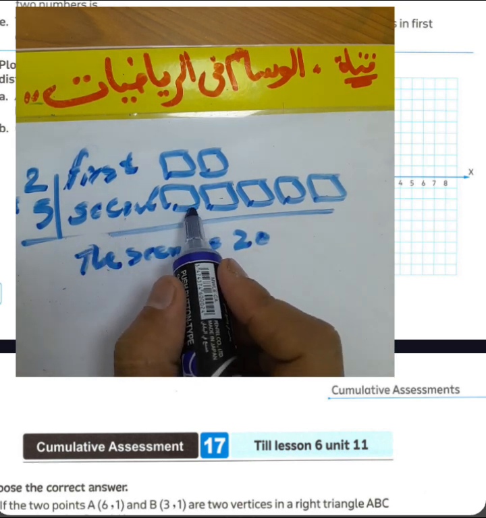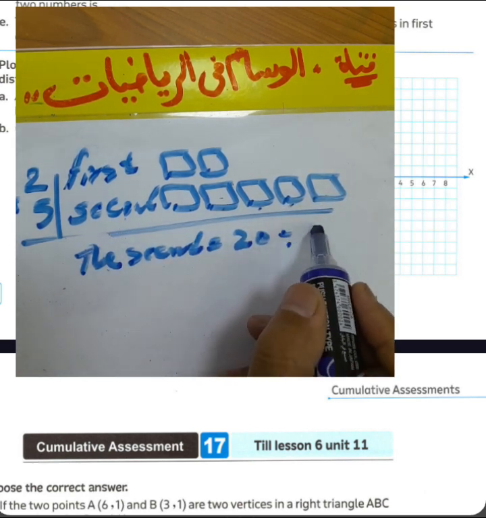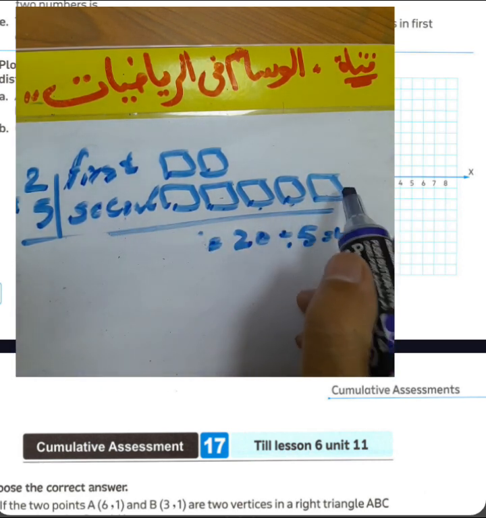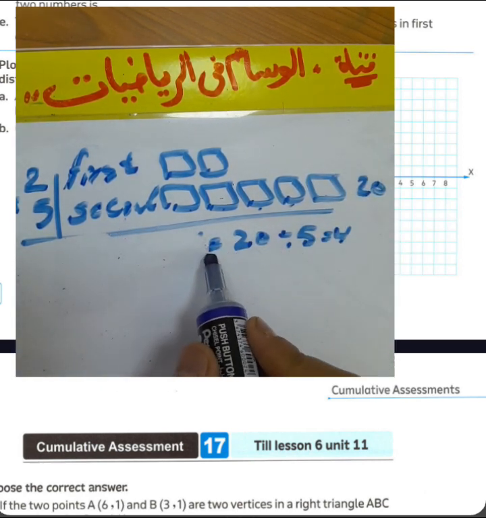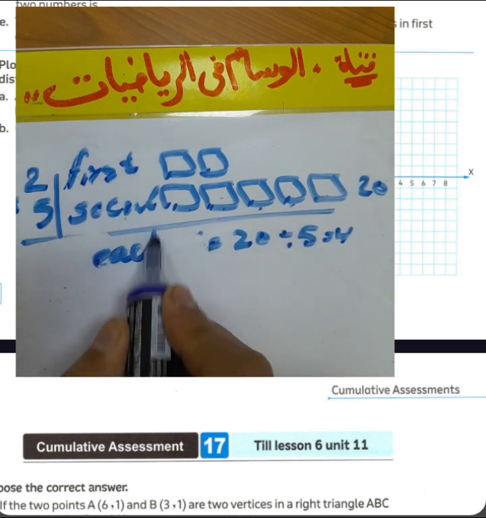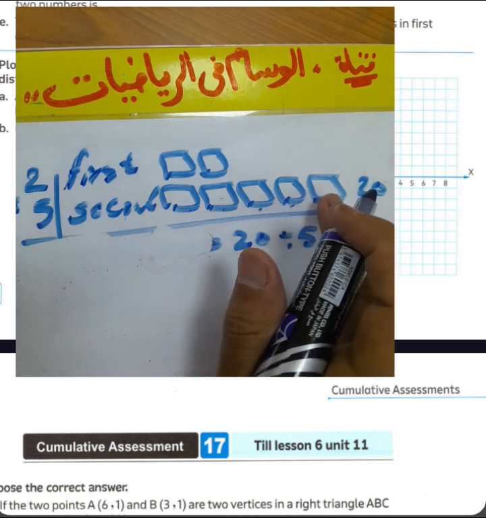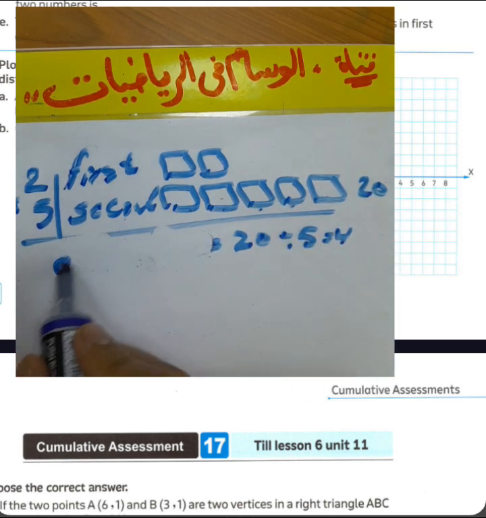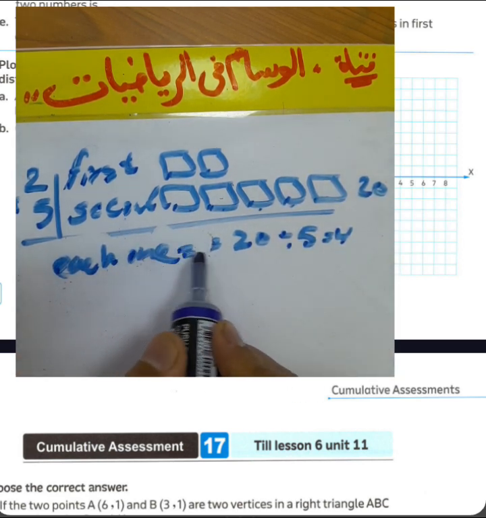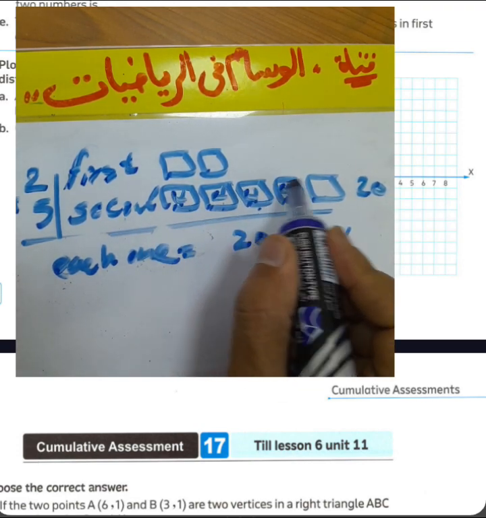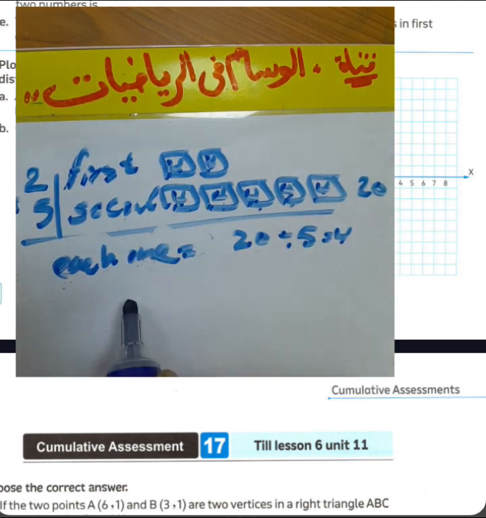Okay, we have 1, 2, 3, 4, 5. Then 20 divided by 5 equal 4, because he gives us the value of second was 20. To find each one of these squares, 20 divided by 5 equal 4. Then each part here will be 4.